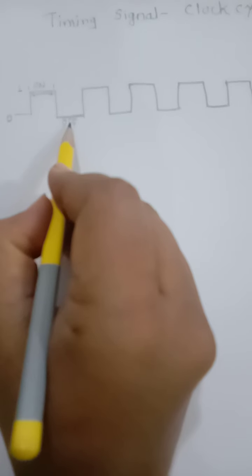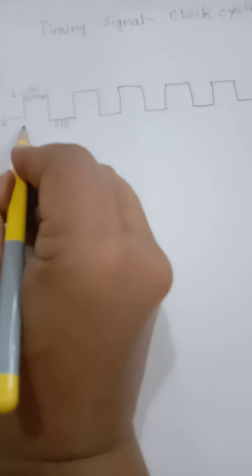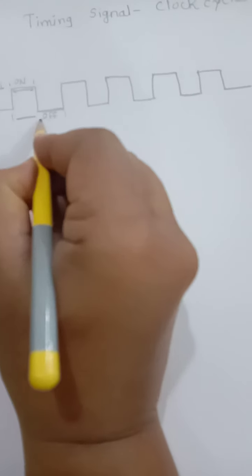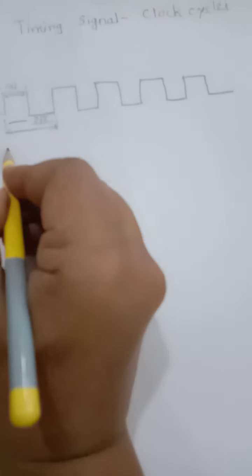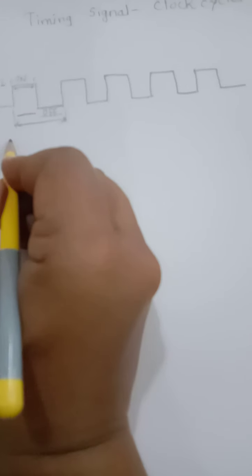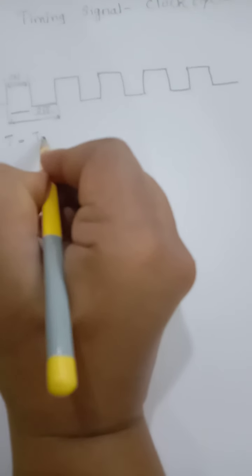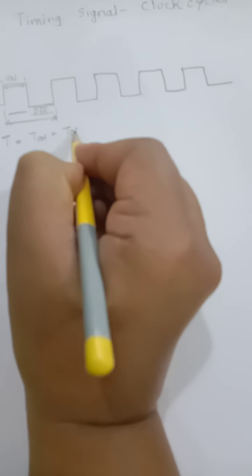Okay, fine. So what is the complete cycle? When you consider the on time period plus the off time period together, that is the total time period. So the time period of a signal, represented as T, is equal to T on plus T off.